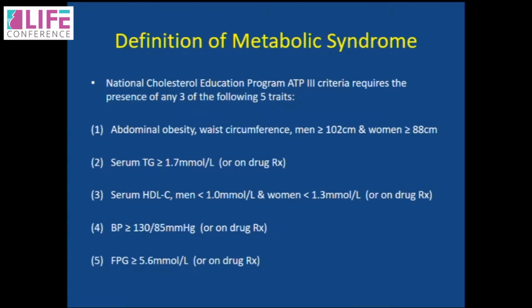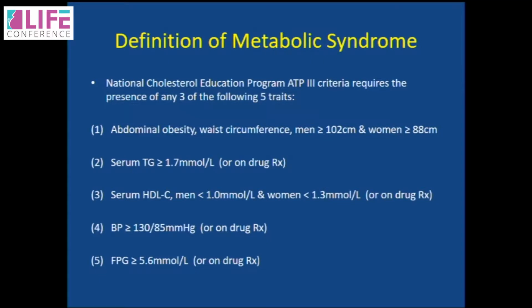The criteria that most of us use is according to the National Cholesterol Education Program, ATP-III criteria, and in essence, the definition of metabolic syndrome requires any three of the following five traits. The first is the presence of abdominal obesity, with a waist circumference of more than 102 centimeters in men and more than 88 centimeters in women.